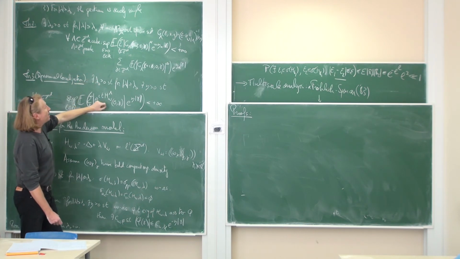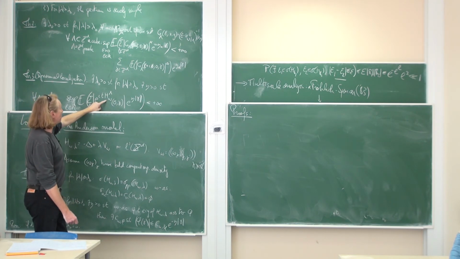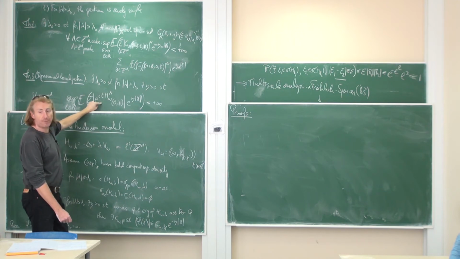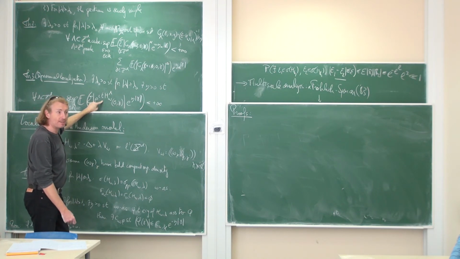On the other hand, if I want phi of H omega, any function of the operator, I can just use the Fourier transform of the function and integrate the Fourier transform against this, which by Fourier's inversion formula will give me phi of the operator. Then use some L1, Lp, Lq bounds to get estimates.